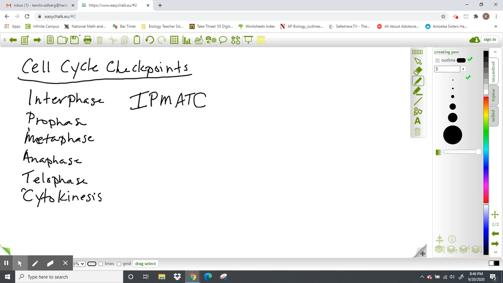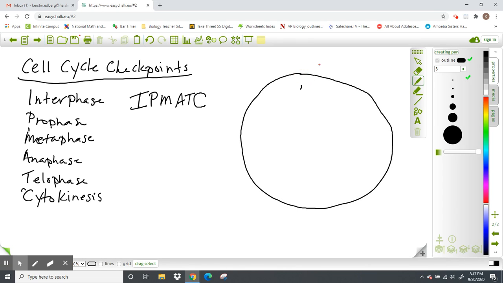Now, I'm going to try to draw this out. I'm not the best drawer, that's why I'm not an art teacher. If I draw out essentially what the cell cycle is going to be, you'll see this figure in your book on page 127.